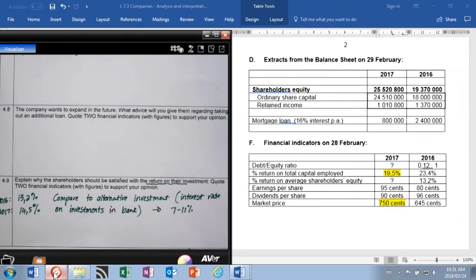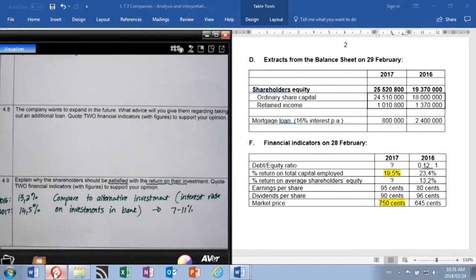But that's not the question. Most of the time we compare it to the alternative investments, the 7 and the 11%, but not in this case. They say explain why the shareholders should be satisfied. So you must look for other things that make them satisfied.